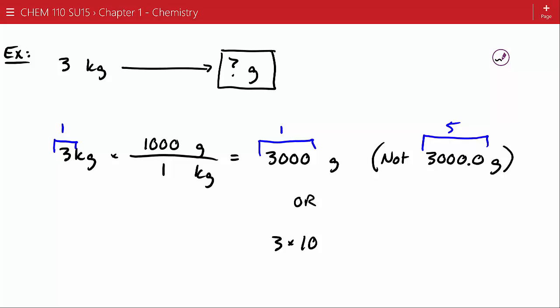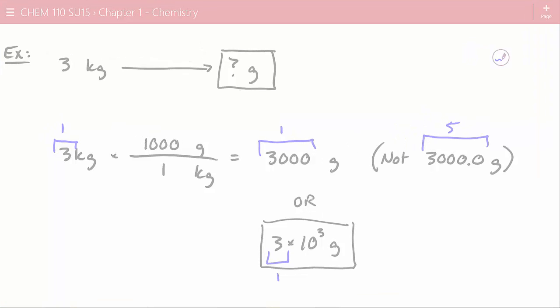So we moved it over 3 spots. We would say that would be 10 to the third. So either of these answers would be acceptable because they both have one significant figure in them, right? In the scientific notation, we only have one significant figure. The 10 to the whatever power doesn't get counted when we're looking at sig figs.